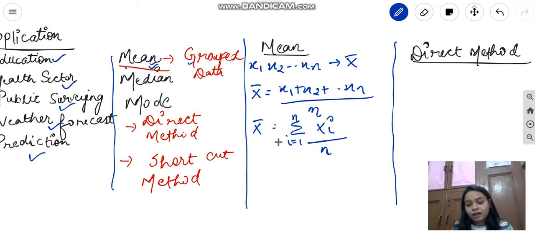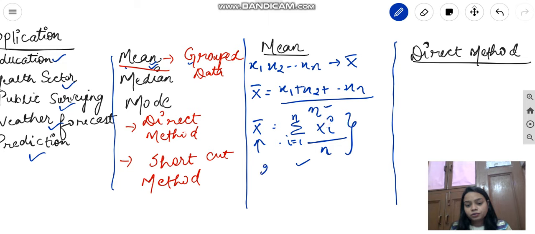The summation sign denotes the sum of x1, x2 up to xn, all the individual values. So the mean of the variable x is equal to the sum of the individual values divided by the total number of observations.